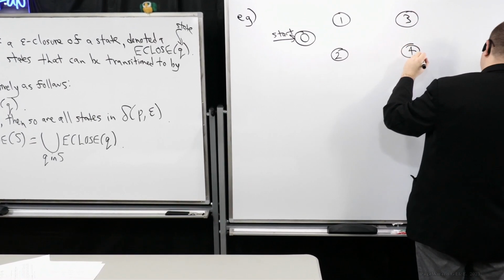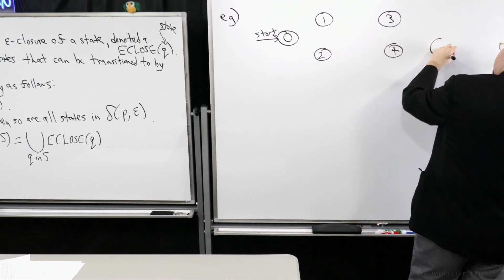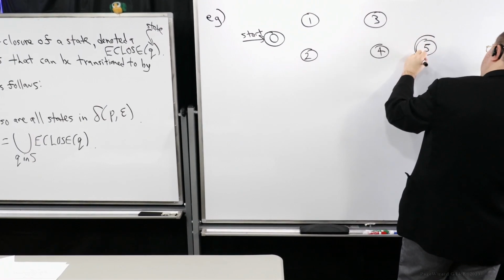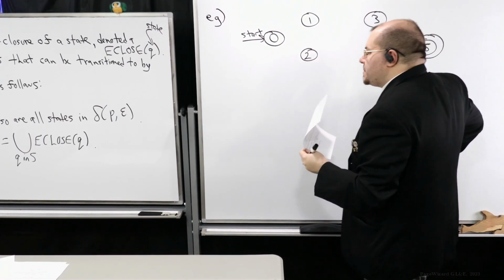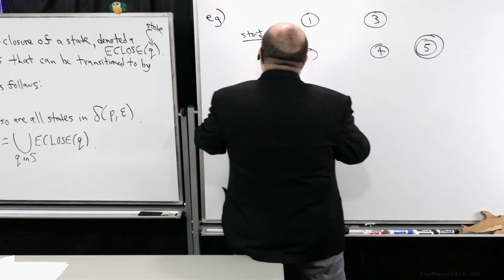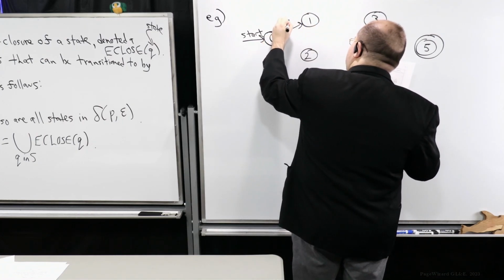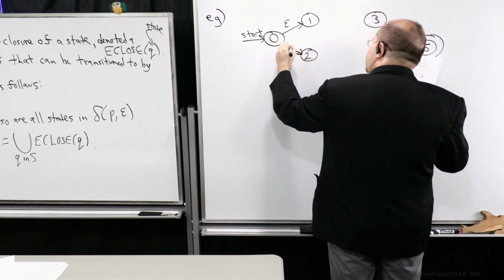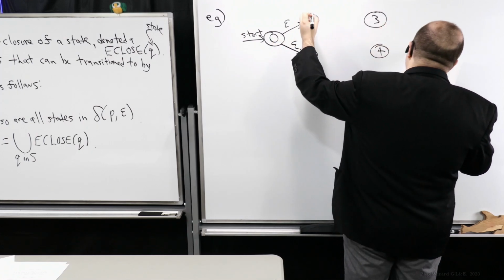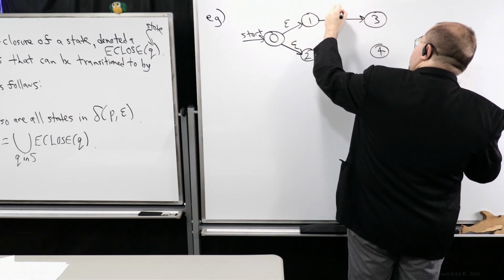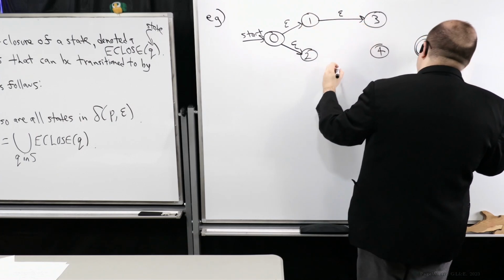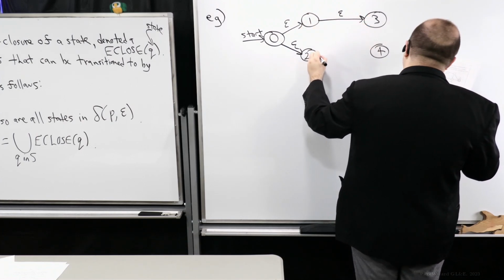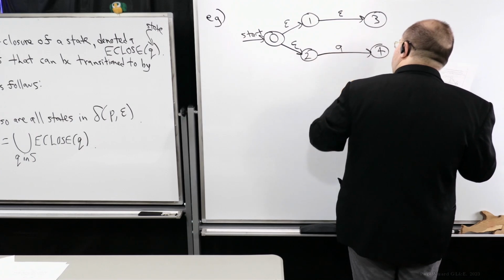We're going to have 6 states, where 5 is going to be the final state. I'm going to have an epsilon transition from 0 to 1, an epsilon transition from 0 to 2, and an epsilon transition from 1 to 3. Let's make it so it reads an A.